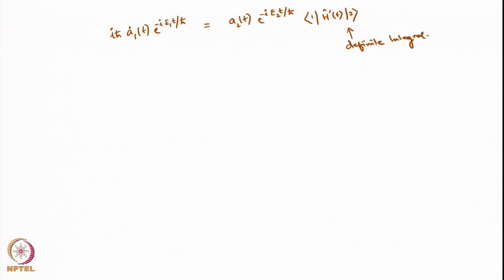This definite integral will give you some number. It could be 0, but definitely it could be a number. If this is some number, and A2 of t is a coefficient, and e to the power of minus i E2 t by h bar is the phase factor, all this tells you the time dependence of A1. By the way, A1 dot of t is nothing but d by dt of A1 of t. So the time dependence of the A1 coefficient will depend on the A2 coefficient.